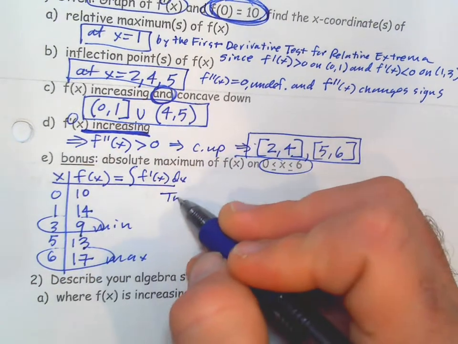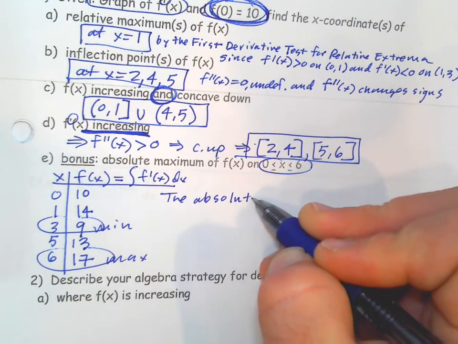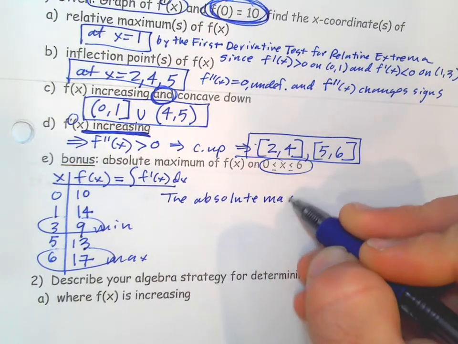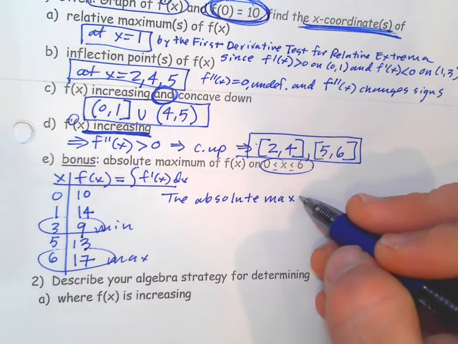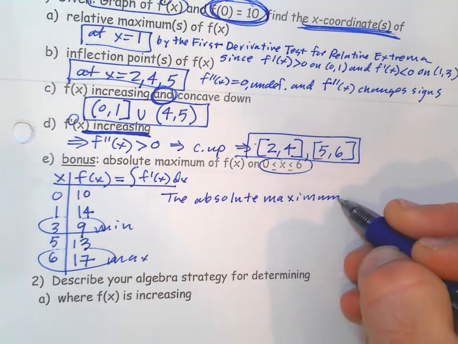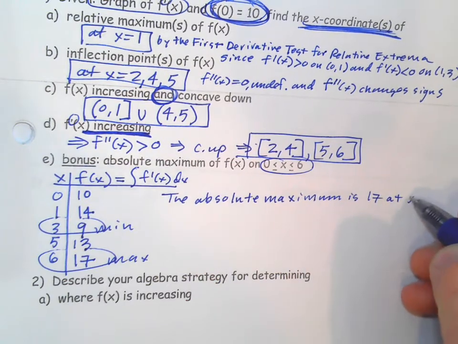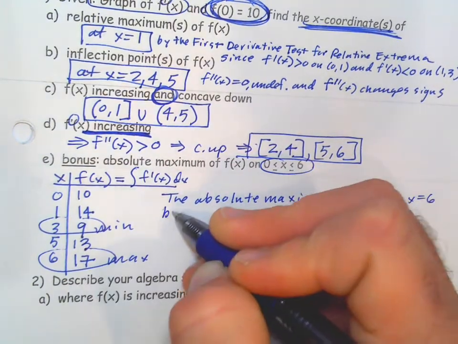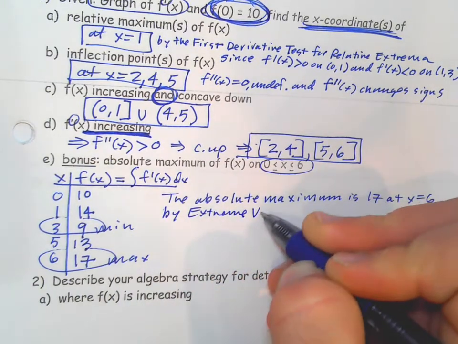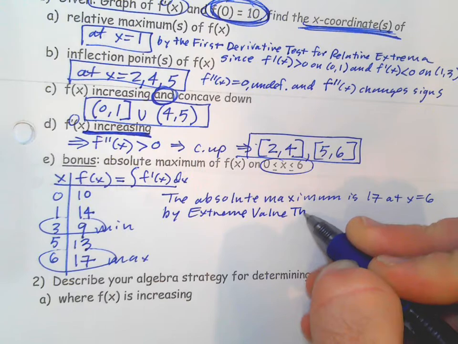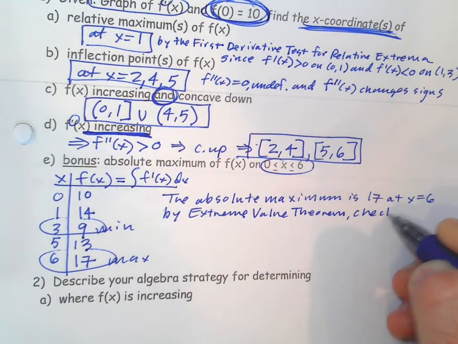For the absolute maximum, we're really looking for the x coordinates of all these. The absolute maximum is 17 at x equals 6 by the extreme value theorem, checking endpoints and critical points.